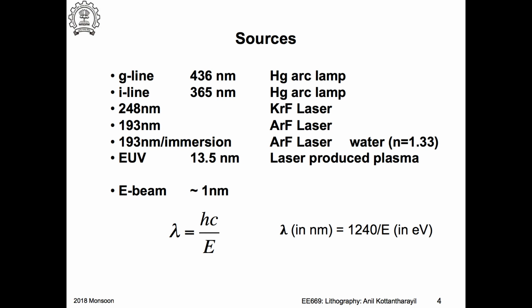What is the property that it should meet? The lens material should not absorb the light. It should come through, right? If it absorbs, it is opaque.